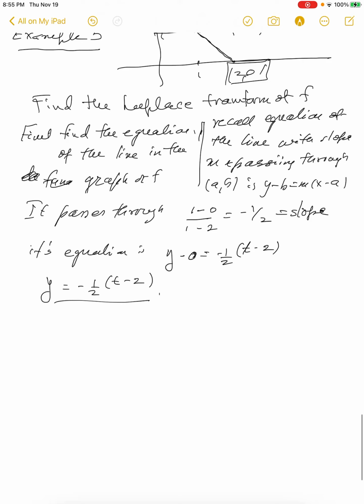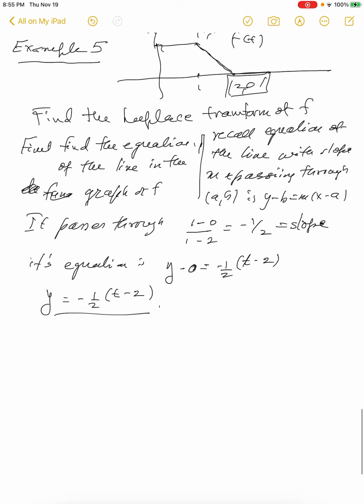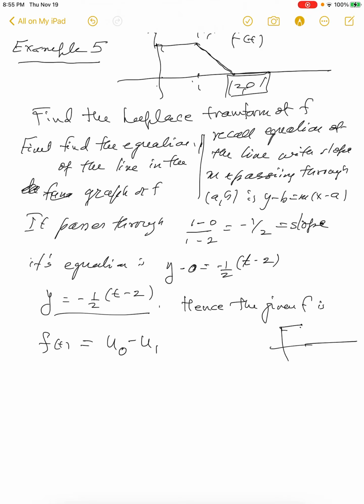So now we can write down what the function is. So f of t, hence the given f, is: first of all you want to have a bump between 0 and 1, so that's going to be u0 minus u1. That gives you this function, 1 between 0 and 1, 0 afterwards.